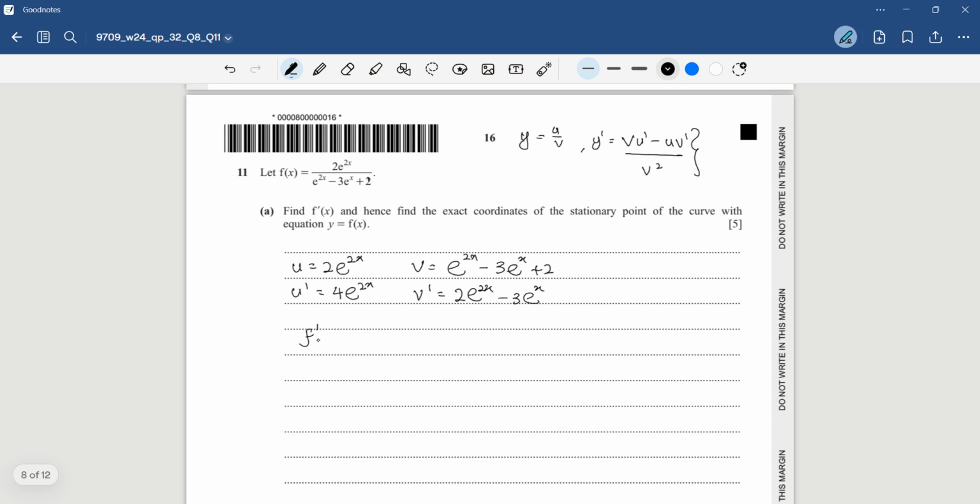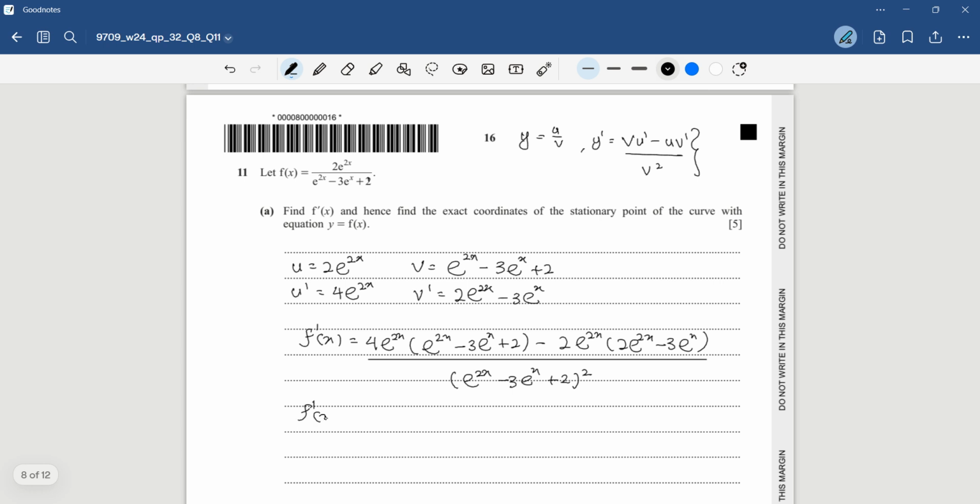So my f prime(x) will be v u prime, so 4e^(2x) times (e^(2x) minus 3e^x plus 2), minus u v prime, so 2e^(2x) times (2e^(2x) minus 3e^x), divided by v squared, which will be (e^(2x) minus 3e^x plus 2) squared.